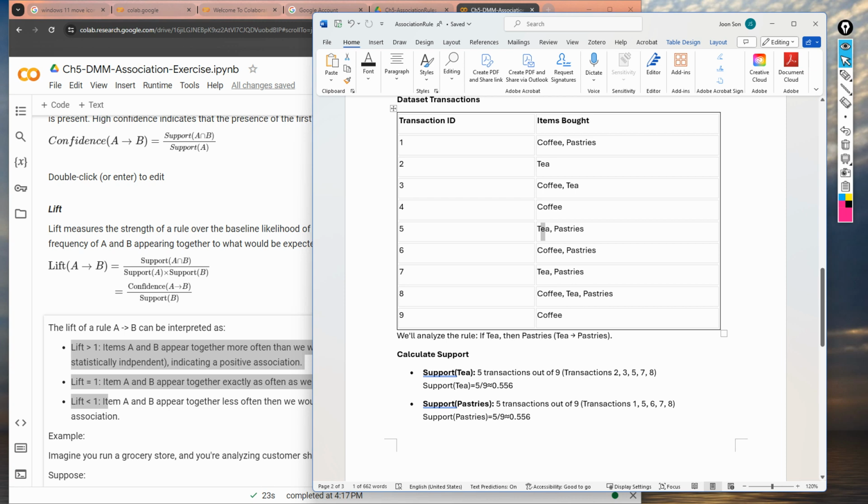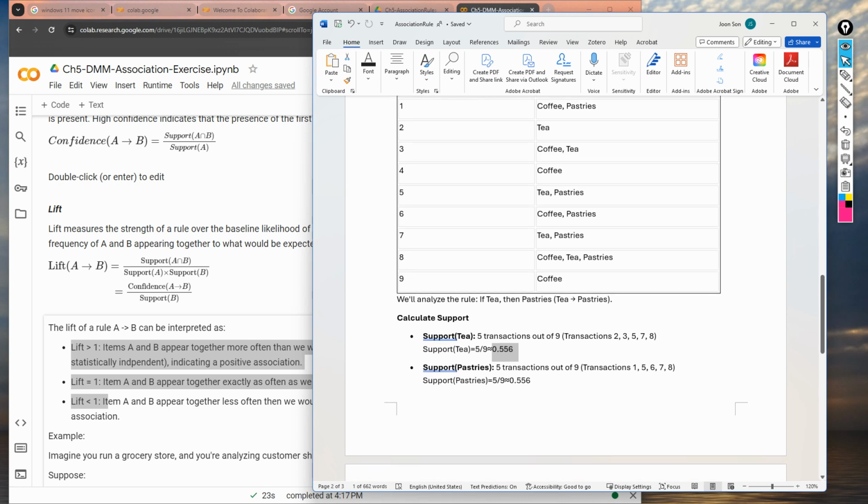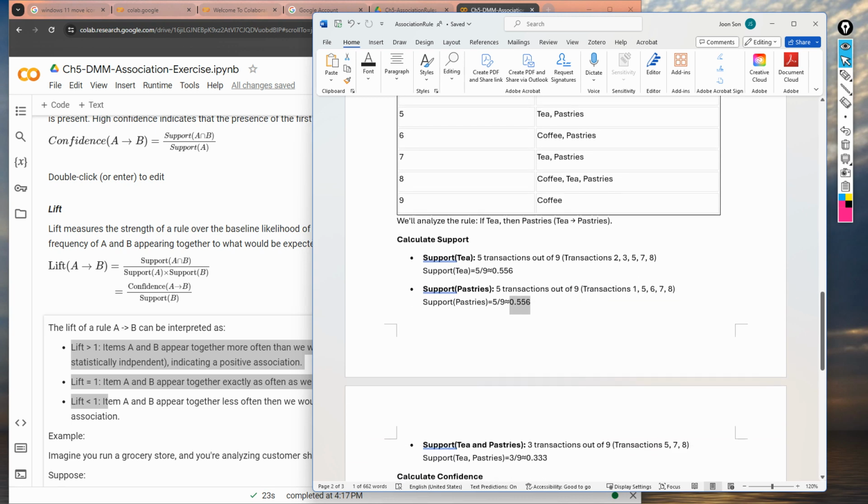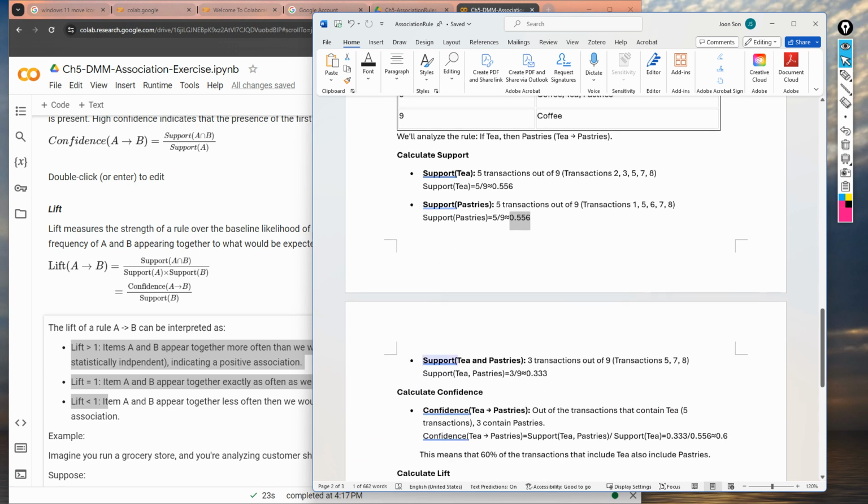So if we calculate the support for tea, roughly 0.55. And then for the pastries, you can calculate the support value, and it's 0.556, the same thing. And then the support for tea and pastries together.